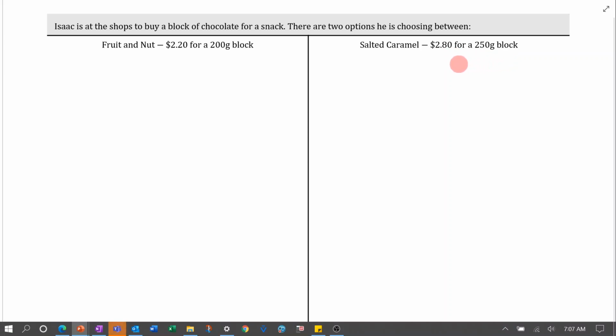Now you might be thinking, let's just set this up as we normally would. So it would go, it's $2.20 for 200 grams and $2.80 for 250 grams.